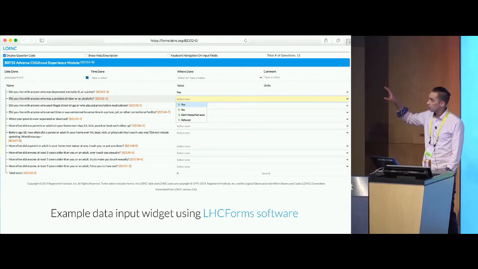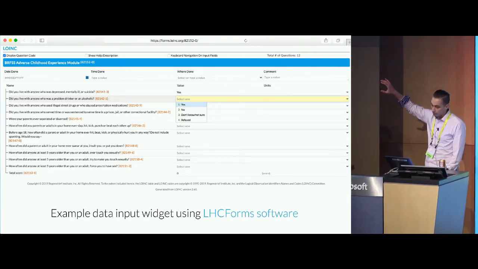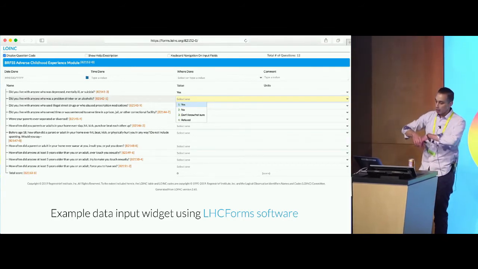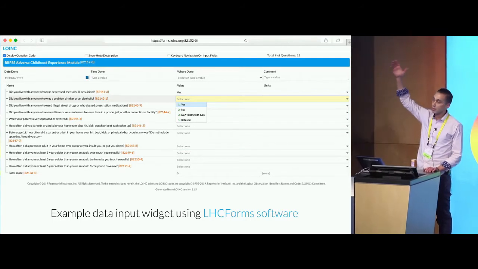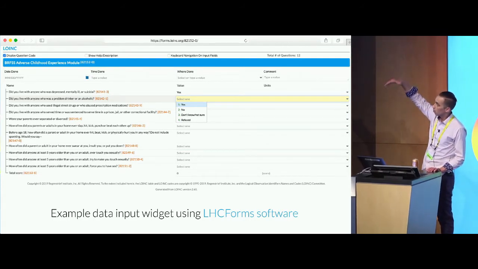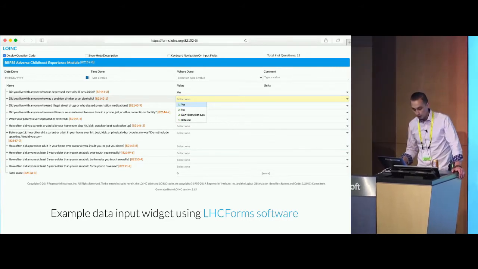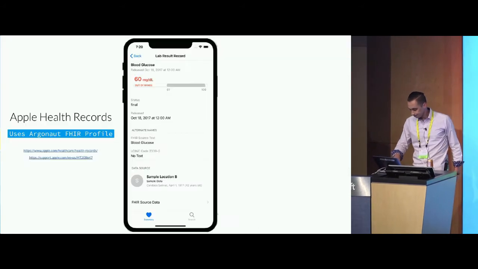This is an open source JavaScript toolkit called LHC Forms that does just that. It reads the LOINC panel definition and automatically populates this, including the allowed answer choices and the ordering, based on the LOINC representation of this particular instrument. It's showing an example of the adverse childhood experience set.